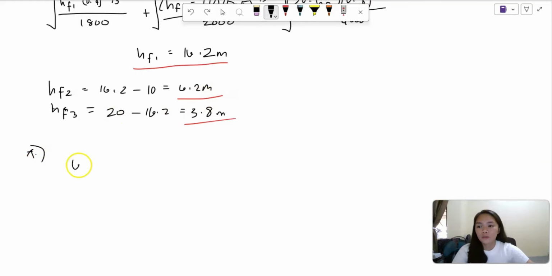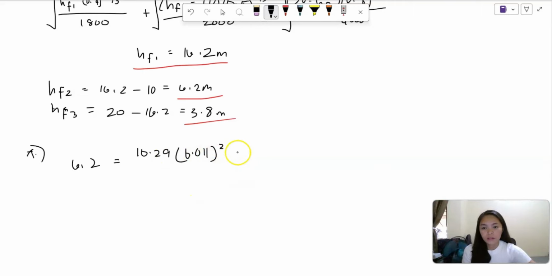HF2 is 6.2, equal to 10.29, this is for pipe 2, times 0.011 squared, then 2000, which is the length, times Q sub 2 squared all over the diameter, which is 0.5 raised to 16 over 3.